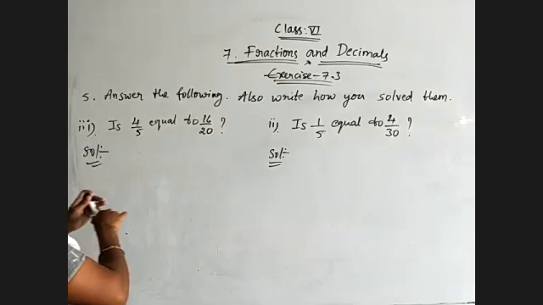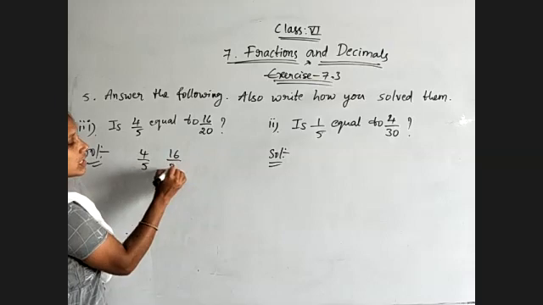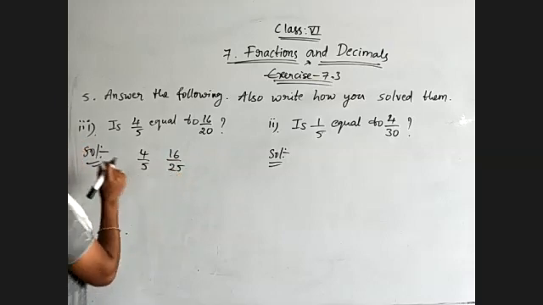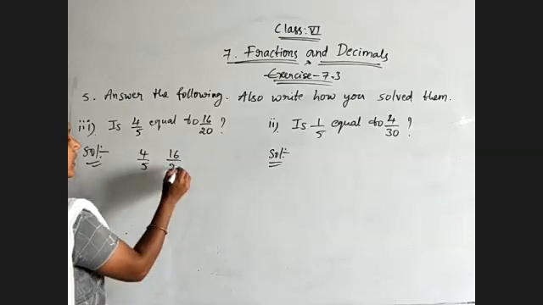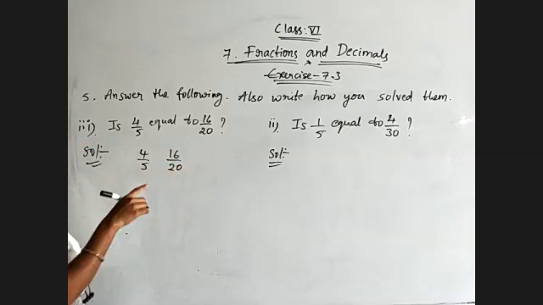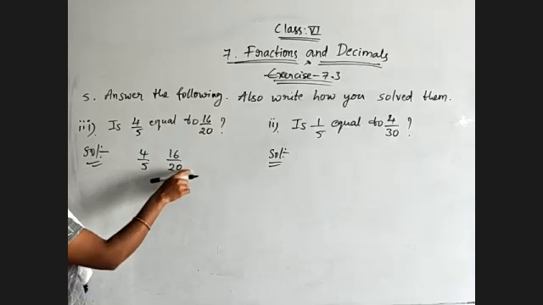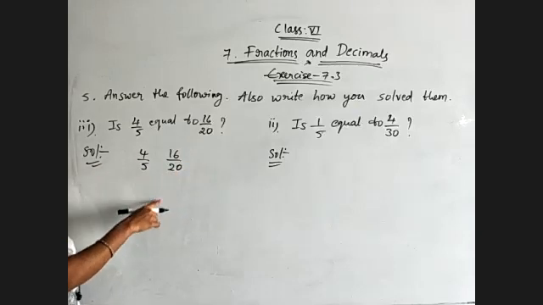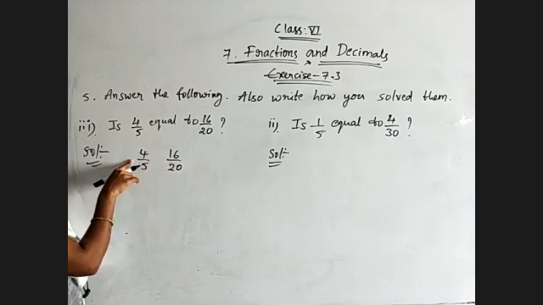See, I already told you if we take the cross multiplication of two fractions, then we will decide whether they are equal or not. So observe here, 4 and 5. Observe this, here 16 by 20 has a bigger numerator and bigger denominator than 4 by 5, okay?